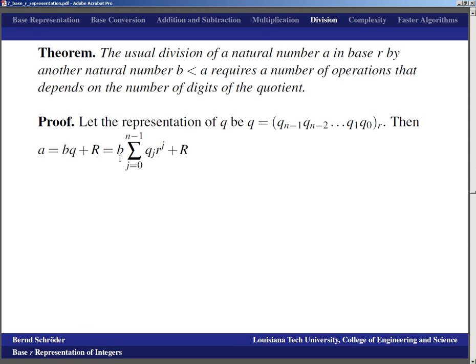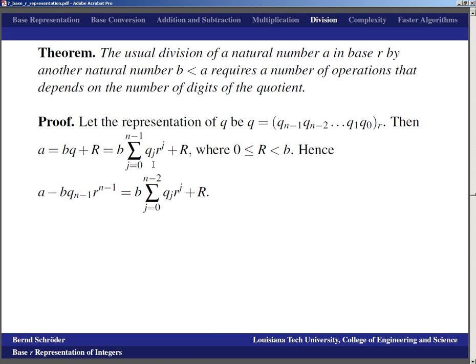And of course, that is b times the sum j equals 0 to n minus 1 of q_j R to the j, because that was the representation of the quotient, plus r being the remainder again, where 0 is less than or equal to r, which is less than b, because r is the remainder in the division by b, right? This is the division of a by b.